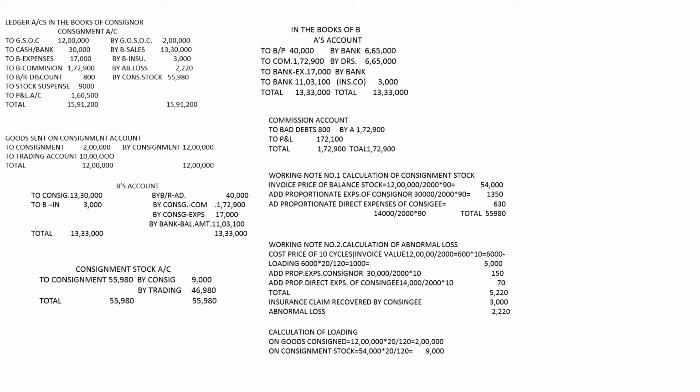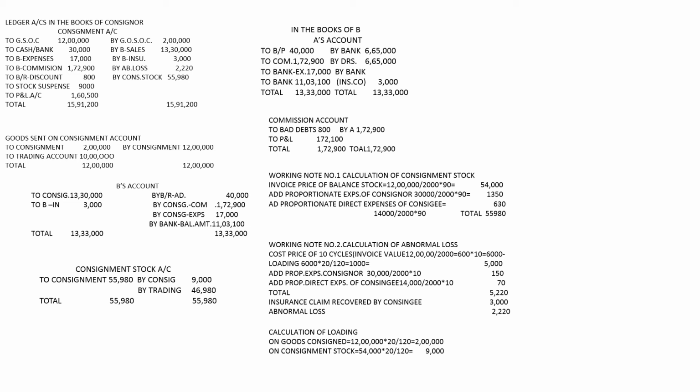Add proportionate expenses of consignor. 30,000 upon 2,000 into 90, 1,350. Add proportionate direct expenses of consignee. 14,000 upon 2,000 into 90, 630. The total is coming 55,980. So by consignment stock 55,980.